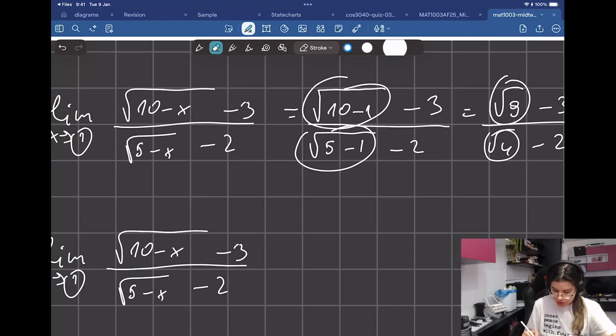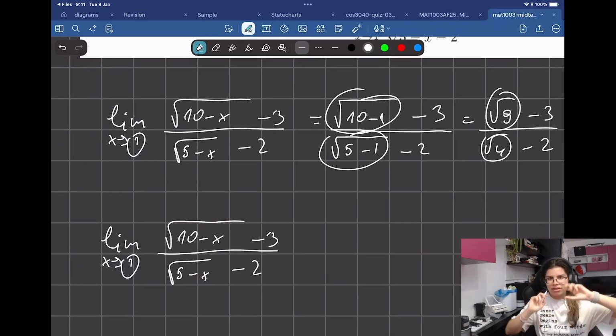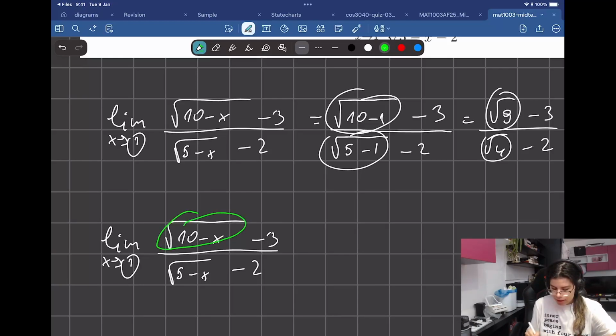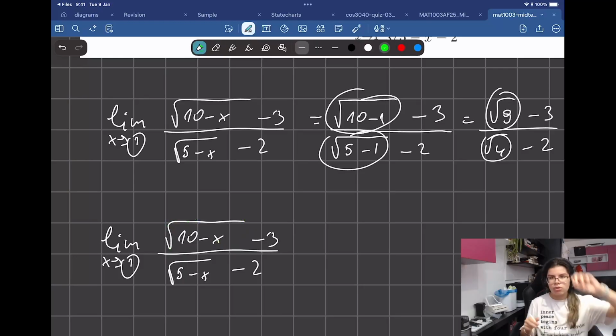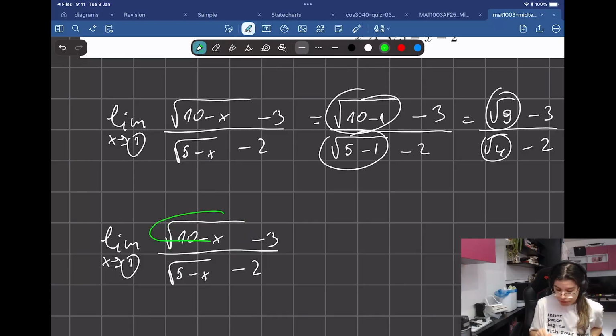Rationalization is something you should do whenever, either in the numerator or in the denominator, you see something of this form. Radical plus or minus some number, whatever the number is. It could be only in the numerator or only in the denominator or in both. In this case, as you can see, we see it in both the numerator and the denominator.